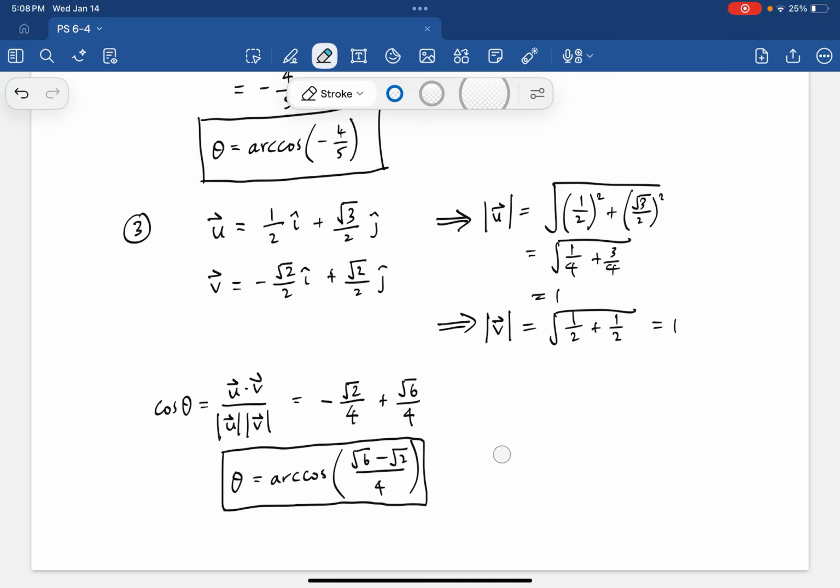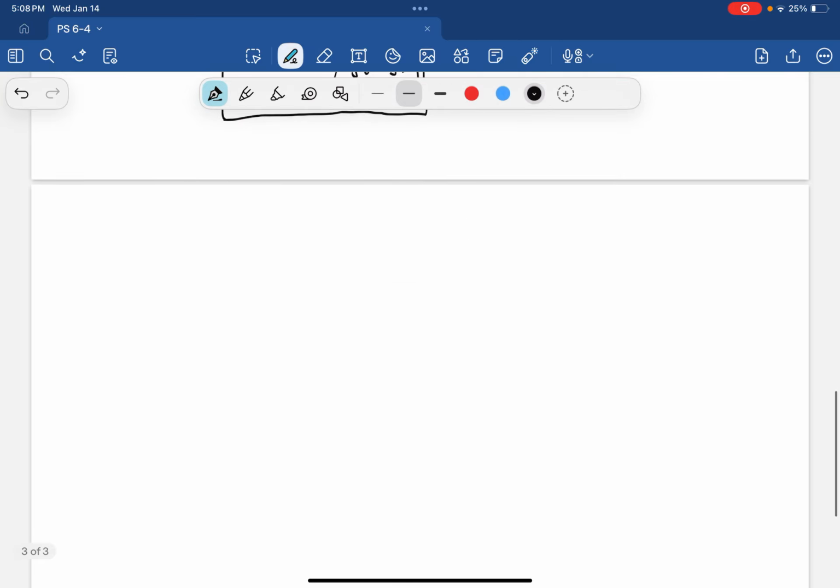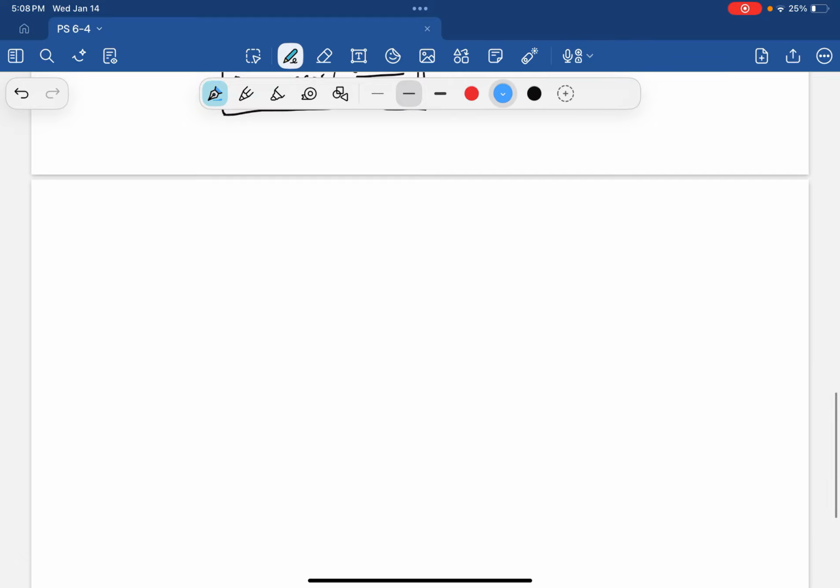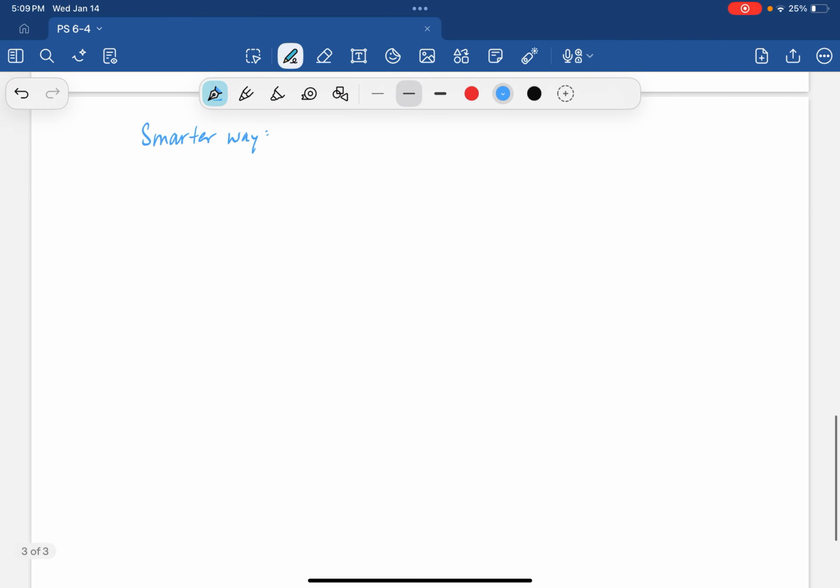But let me show you guys how you would find that out geometrically. Let's write this smarter way. The smarter way is not actually to use the formula at all, but simply to sketch these vectors out and see what their angles would be. So u evidently is this vector.